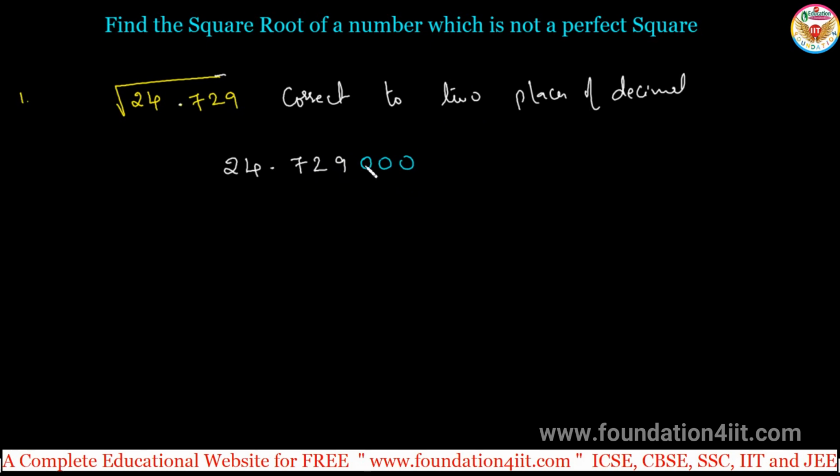This is the first step: after the point there should be 6 decimal places. We have to go for 3 places of decimals, then based on the third decimal we can correct up to 2 decimal places. So whenever they ask for 2 places of decimals, take the 3rd decimal place and double the number, so after the point 6 digits.